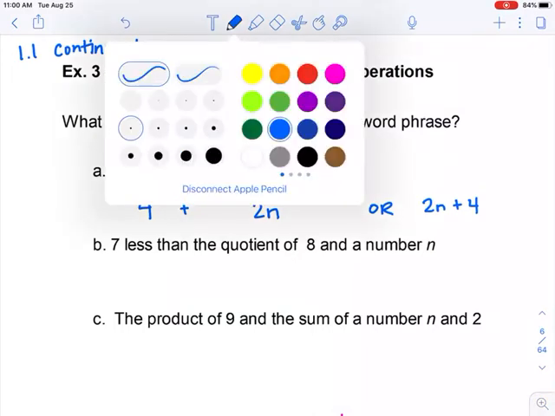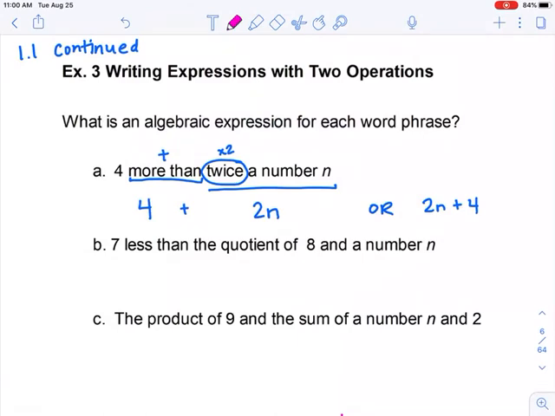Part B, we have 7 less than the quotient of 8 and a number n. So 7 less than tells us that we are doing what operation? We are using subtraction. We also know that means we have to flip-flop. We need to take 7 away from something. That means we're going to have some sort of minus 7. So something is going to subtract 7.